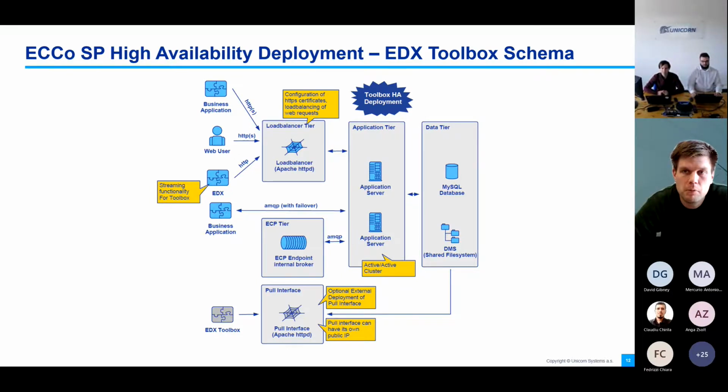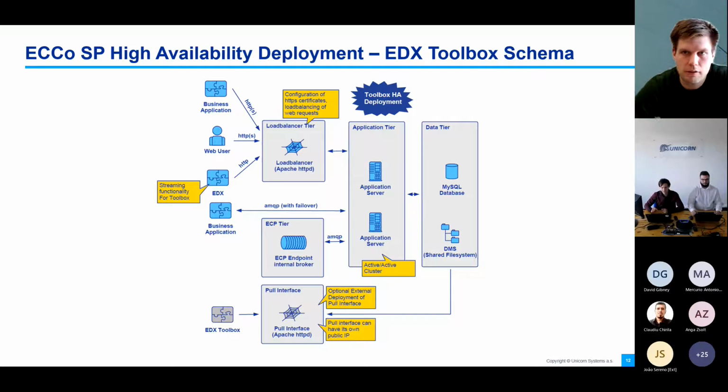Yeah, I don't know what the scope of this discussion is, but my proposal would be to have a good example implementation in Docker where you have separate pods configured for the AMQP, and then both ECP and EDX use that one, and maybe in future also OPDM, because today the OPDM validation engine has its own ActiveMQ, then OPDM itself has its own ActiveMQ, and then EDX has its own, and ECP has its own.